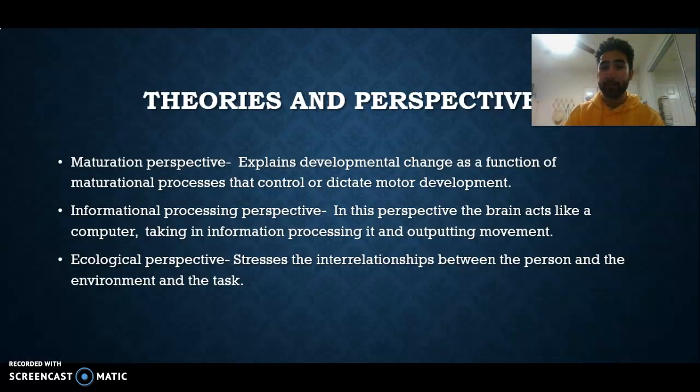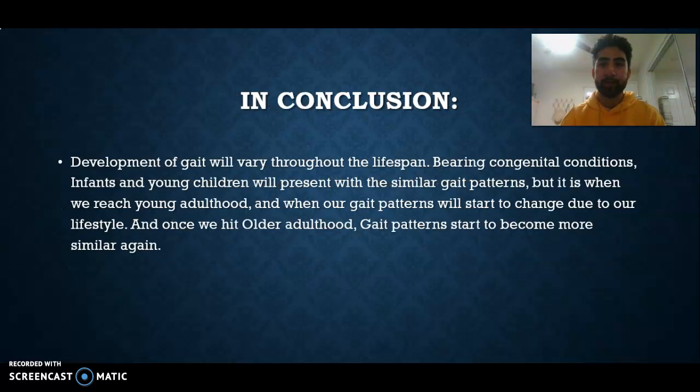Information processing perspective: in this perspective, the brain acts like a computer, taking in information, processing it, and outputting movement. The ecological perspective stresses the interrelationship between the person, the environment, and the tasks. Usually these perspectives fall within the early childhood and childhood developmental phase.